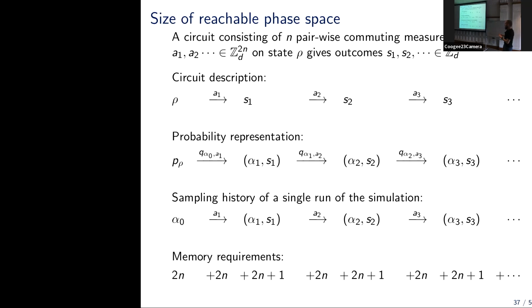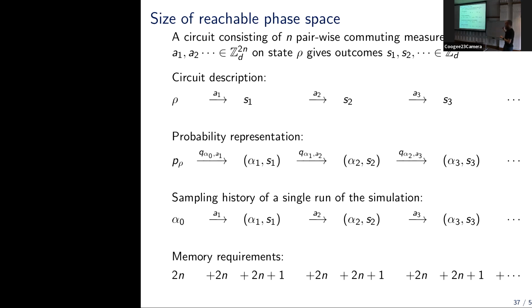If you look at a single run, a single sampling history of this simulation algorithm, at each step you sample from some distribution. So first you're sampling from the initial distribution, and then you're applying measurements, sampling from these new distributions. Since the support of the input distribution had size no more than 4 to the n, you only need 2n bits to specify the first sample.